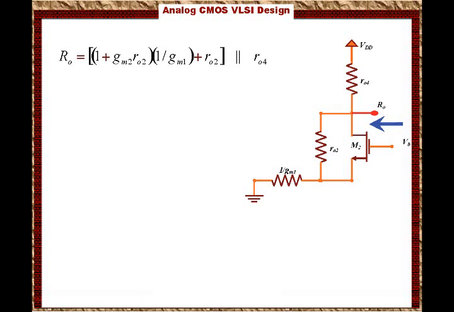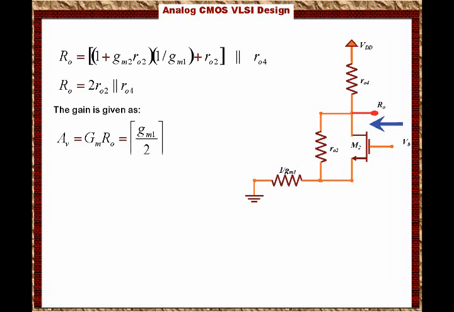The way we did this is basically by analysis, and the output resistance RO is approximately equal to 2 RO2 in parallel with RO4. Then the gain is given as AV equals Gm times RO, which equals Gm1 over 2 times 2 RO2 in parallel with RO4.